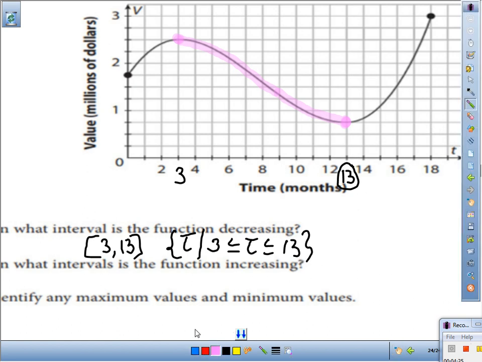Okay, Victor, give us one section that increases. 18. Just that? Oh, 13 through 18. Hands if you agree with that? Yes, that is correct. That's one section.